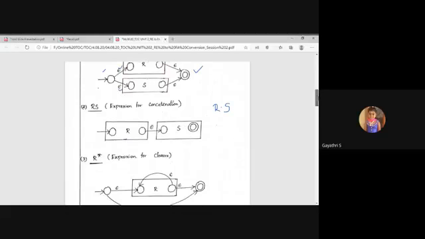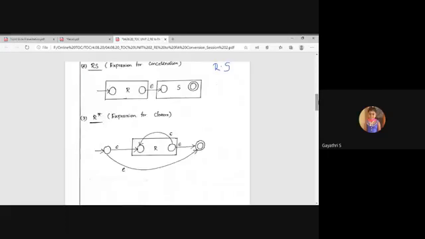The third inductive part is closure. This is the automata for closure. From the starting state, it connects to the next state with epsilon. Then the actual expression, that is R under the closure. Then one more epsilon, then again one more epsilon.